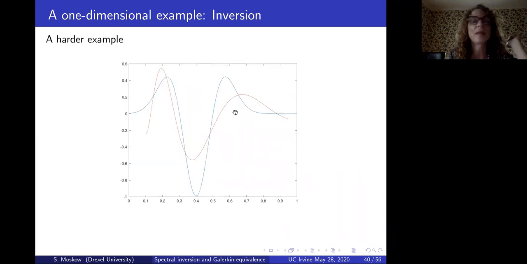But a harder example, again with just one source and receiver on the left: you see that the bump is not reconstructed as well over here as it is there. We'll see now that you can actually have sources on both sides and still do this. But if you have a source just on the left, it's reconstructed better near it and gets worse as you get further away from the source.